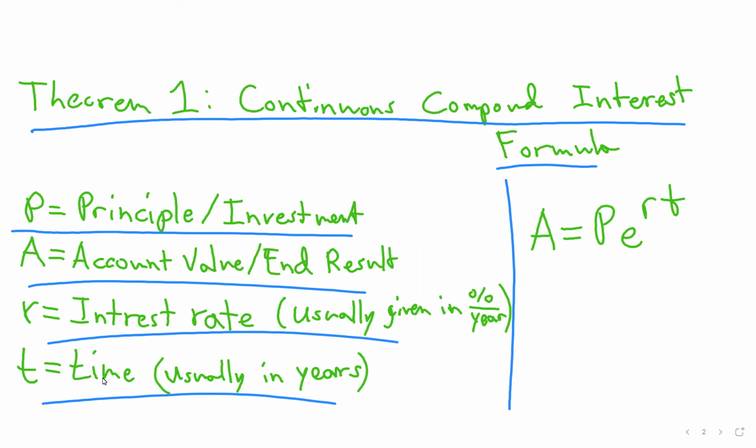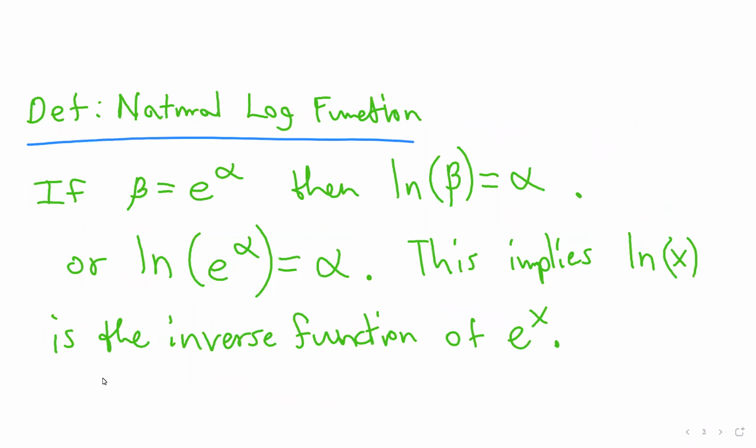And you can calculate out what the account value would be given the principal, or you can reverse some of this in order to find the interest rate or the time given 3 of the other variables in this particular equation. And so with any particular version, you're going to need to do some operations in order to solve for one of the variables. So we need to know how to undo an exponential function.